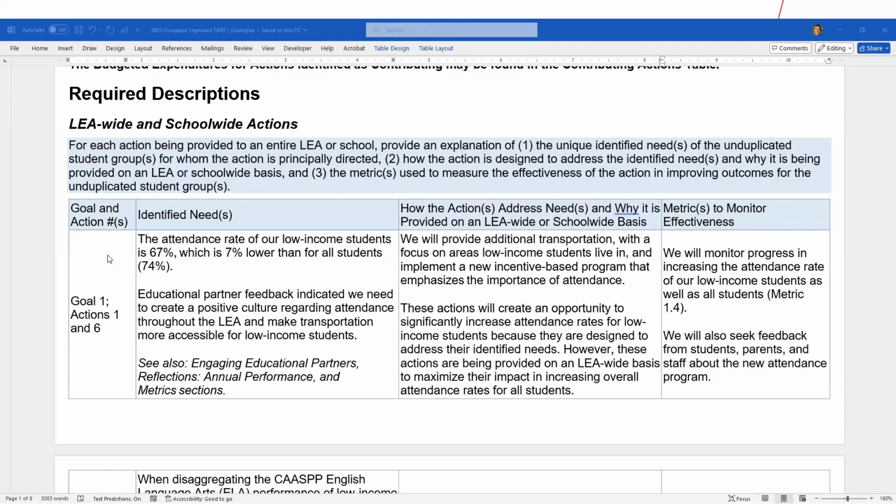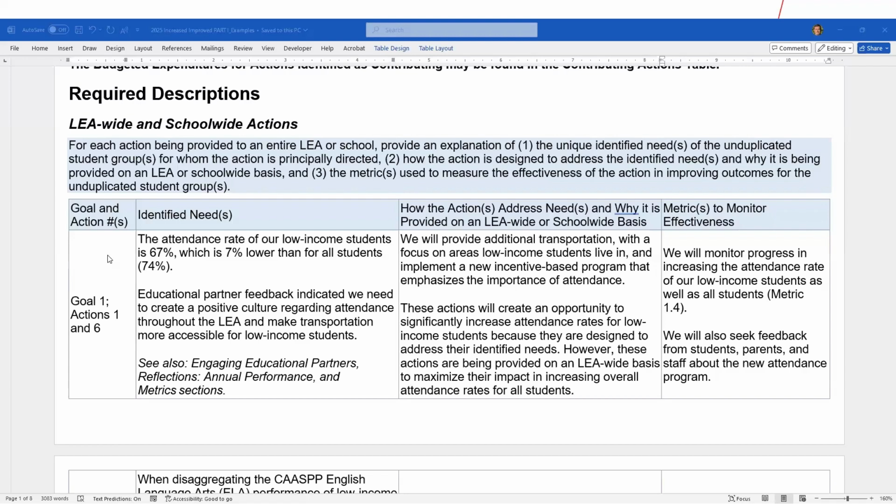Then we also know that educational partners are explaining to us that our culture at our LEA around attendance is not stellar. It needs some improving. And low-income students need additional transportation, right? These two actions, this summary right here, we're providing additional transportation, especially to low-income kids. And we're implementing a new incentive-based program to emphasize the importance of attendance. That's addressing the culture, right?